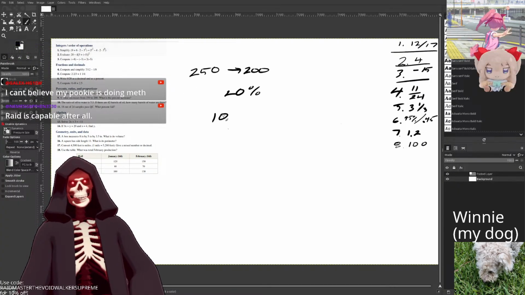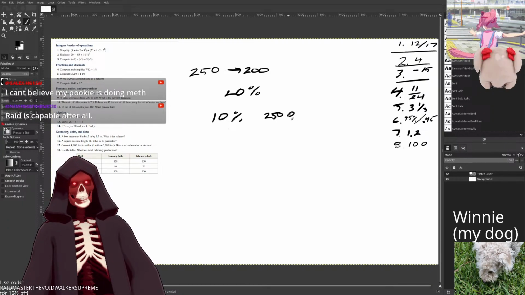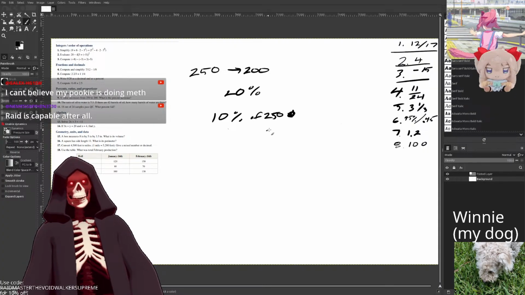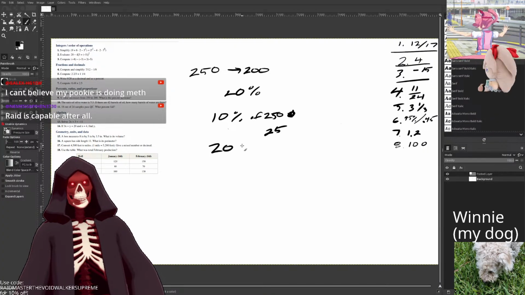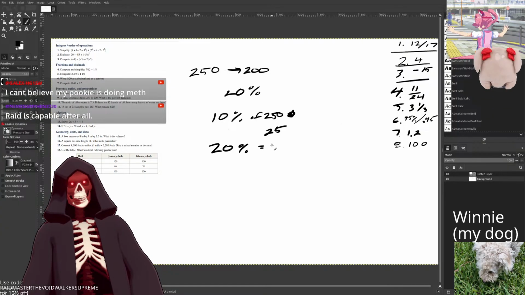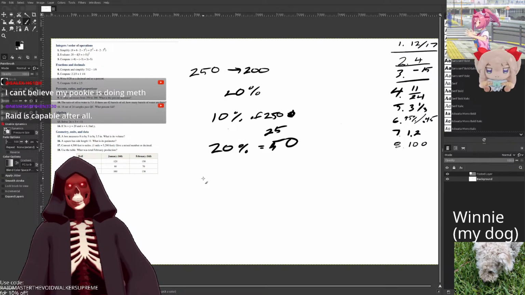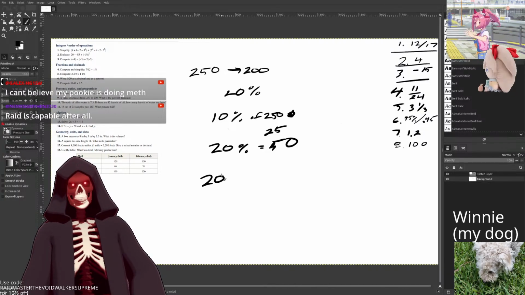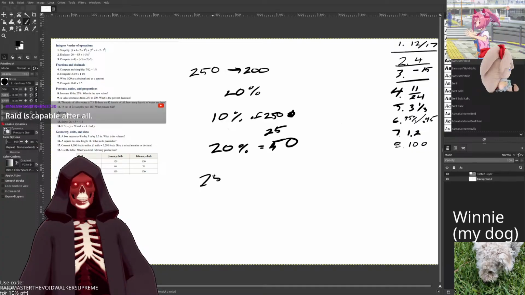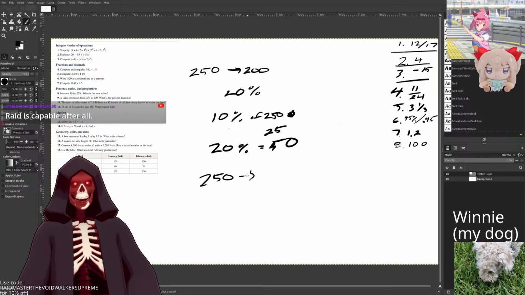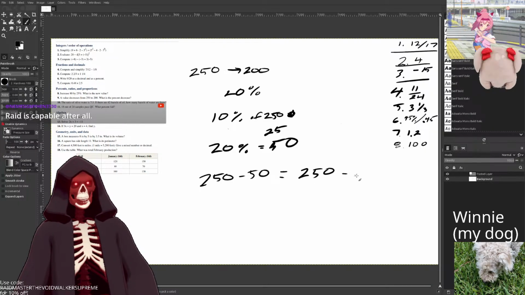And the reason why is because 10% of 250 is equal to 25. 20% is equal to 50. Therefore, a decrease from 250 minus 50 is equal to 250 minus 20%.